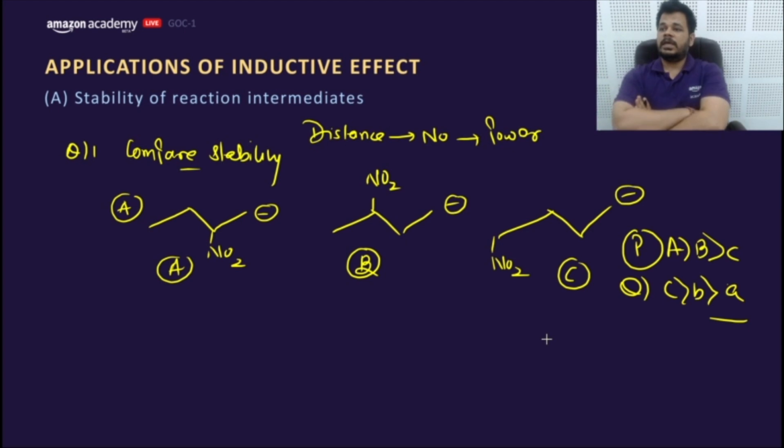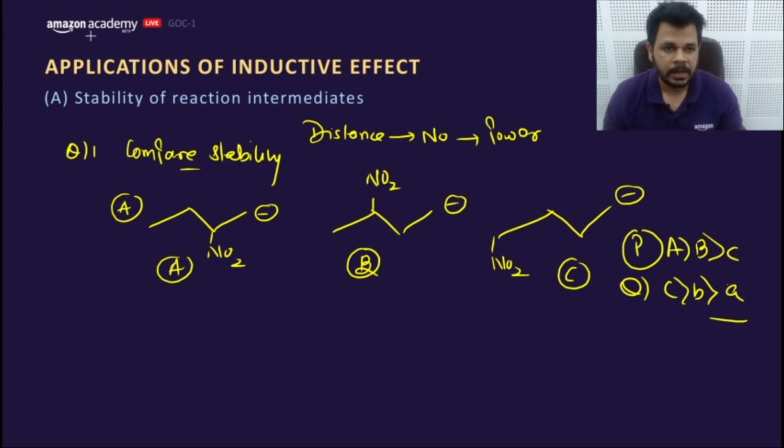So you answered C, B, A, that means Q. Dhanush says P, Agastya says P, Dhruv says A, B, C, Gigi says P. Let's try to understand.